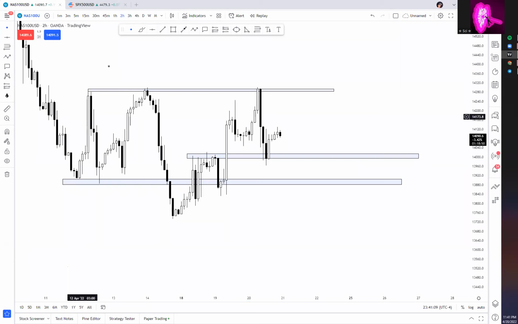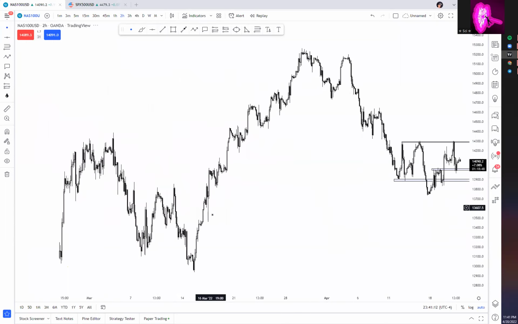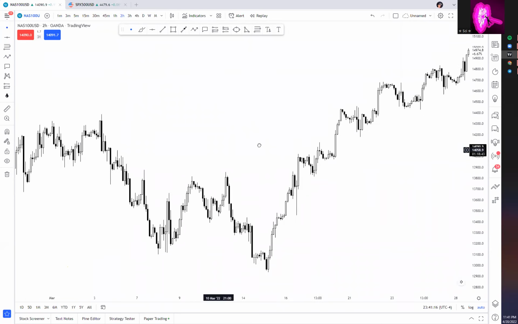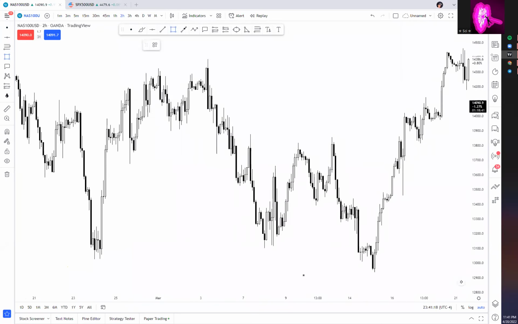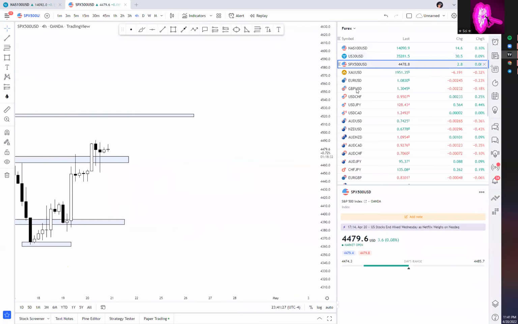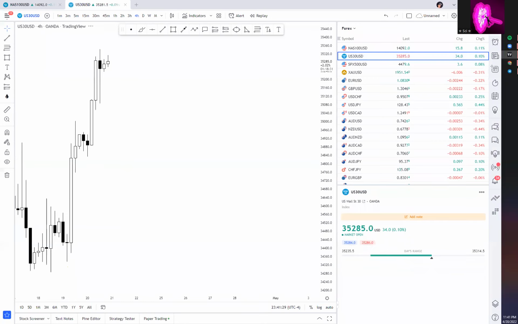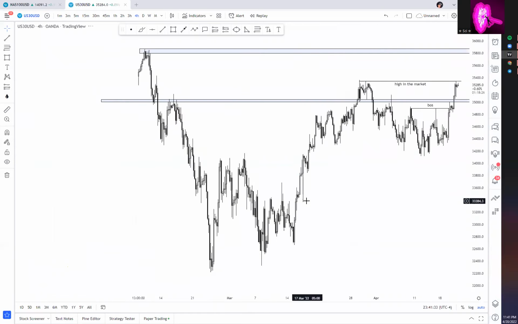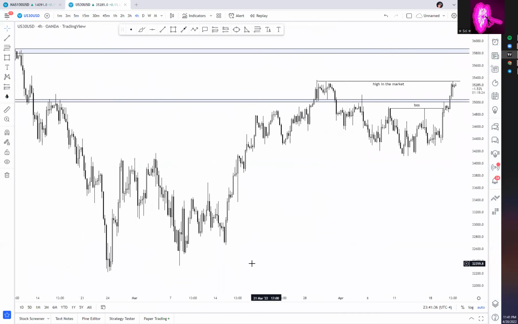And I say that because back in the past, it did the same thing. Back in the past, NAS broke this resistance. I meant this support back in the past. Watch this. Same support right here for US30.